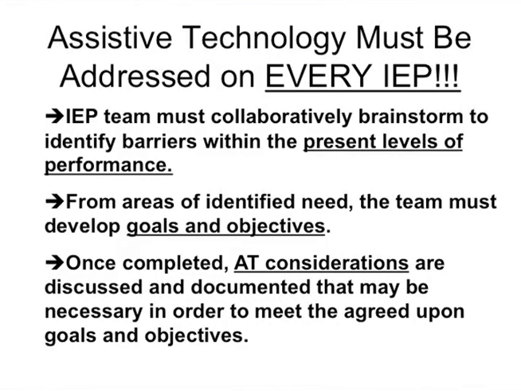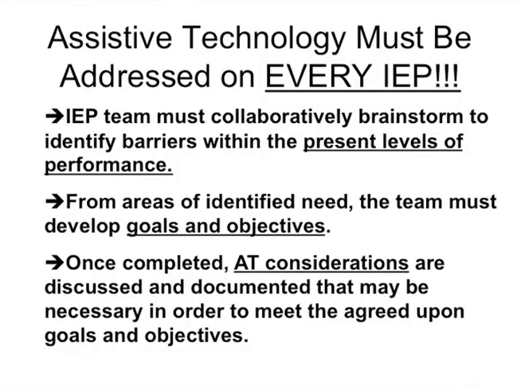So now that we've highlighted video examples of AT in everyday life with individuals of varying ages doing different activities across developmental domains and settings, we'd like to discuss the Individualized Educational Plan, or the IEP, and the way AT is best considered. The IEP team must collaboratively brainstorm to identify barriers and present levels of performance.